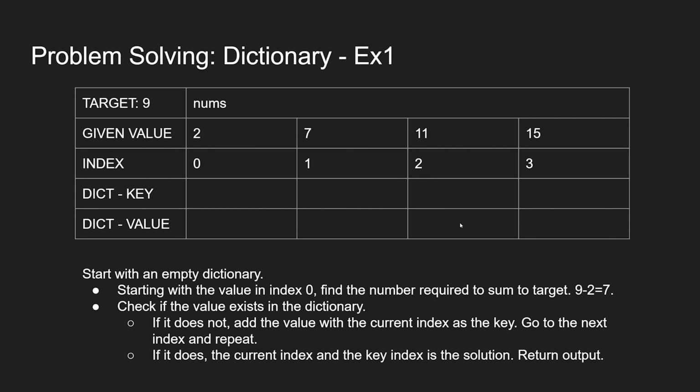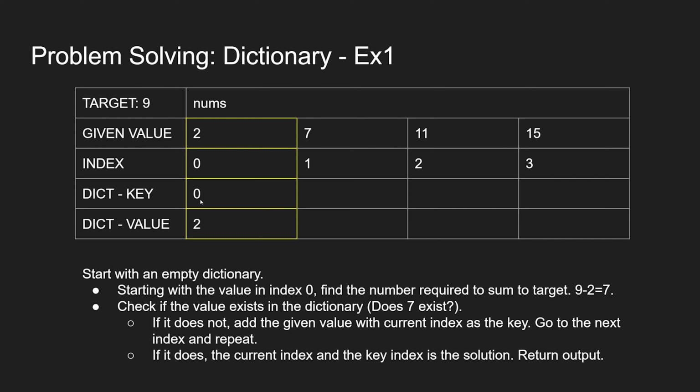Since we started with an empty dictionary, for the very first value, we're never going to have it. So we don't have the value, so let's see what we can store. We can actually store a key value pair of 0 and 2.